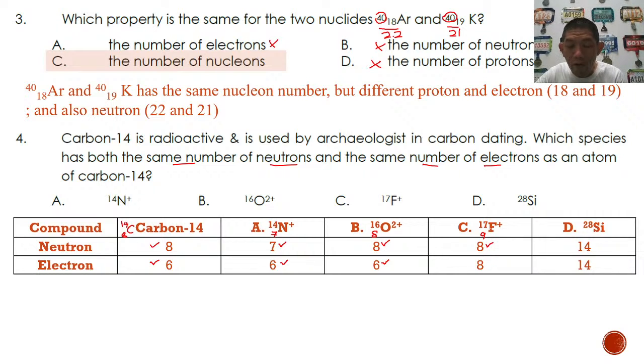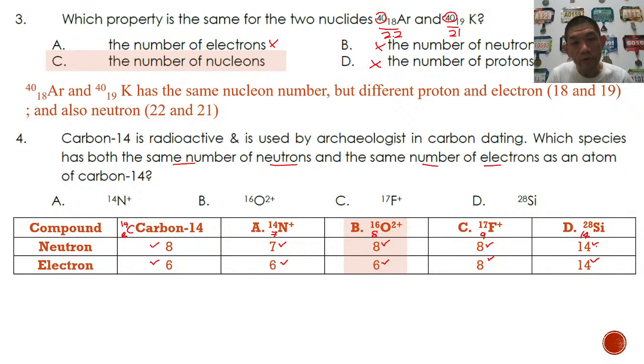And since fluorine has 9 protons, when it becomes plus, it means that you donated 1 electron, so the number of electrons here is 8. As for silicon, the proton number is 14, so the number of neutrons is 14 and the number of electrons is also 14. So what is the answer for this? It is very clearly B.